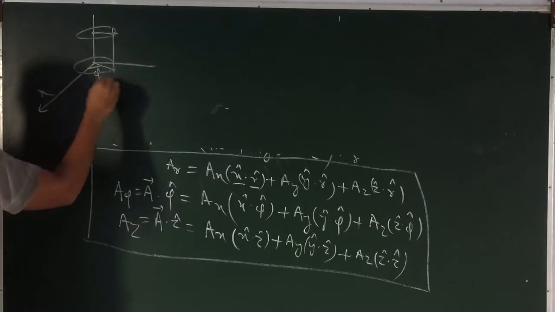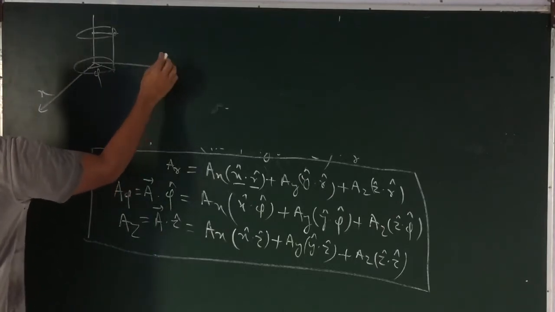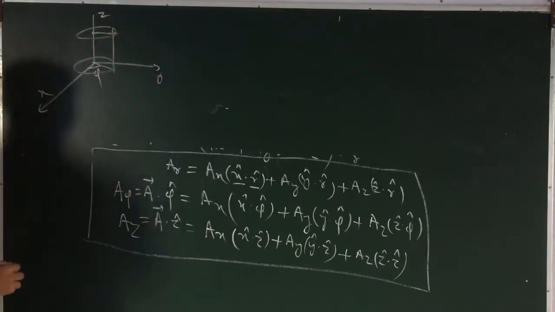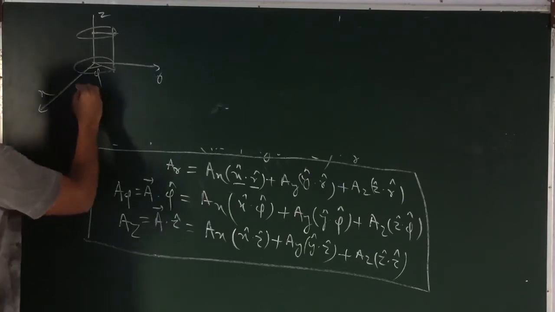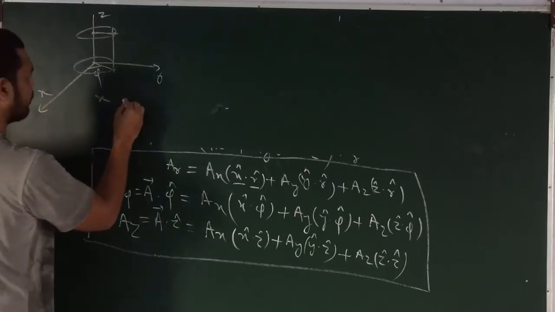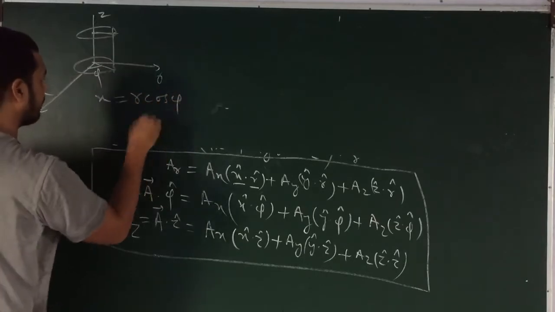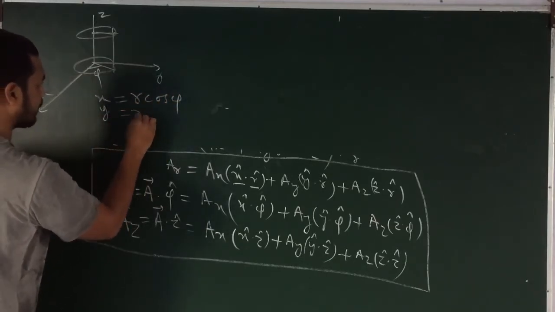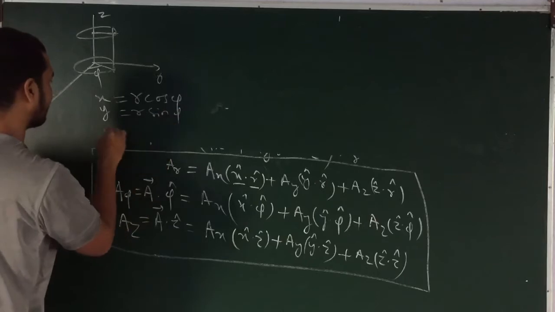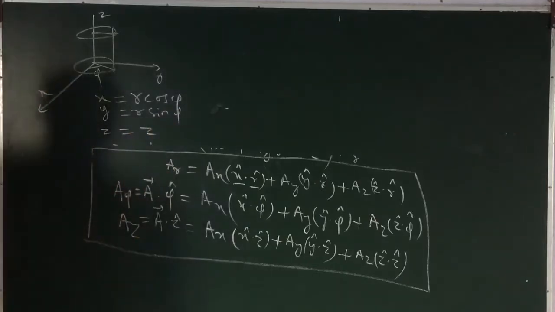From here we have written that your x came out to be r cos phi, y is equal to r sin phi, and z is similar to z in Cartesian coordinate system.